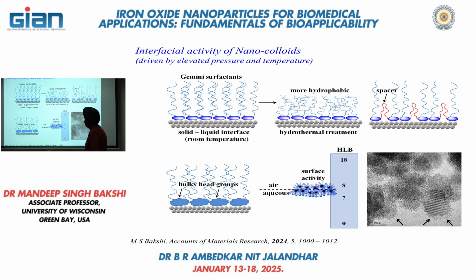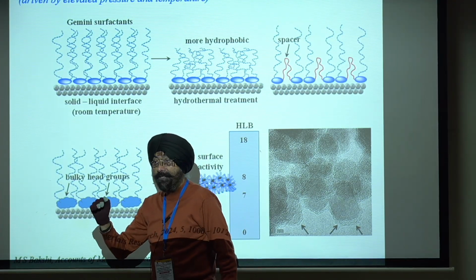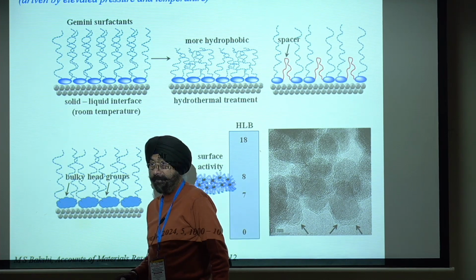Where is the problem? If you introduce a longer spacer, that reduces the compatibility of the hydrocarbon tails and reduces the steric hindrances. If you have a bigger head group, that also increases the distance among the hydrocarbon tails and reduces the non-polar interaction.